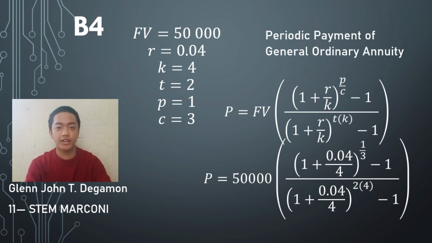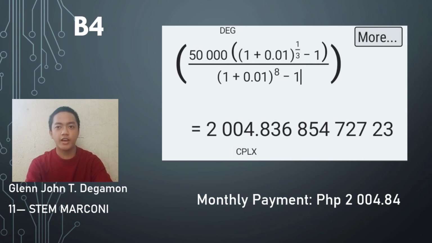Just input the values of our variables into the formula. Using our scientific calculator, just input the values into the formula in order to obtain the best answer. So using our scientific calculator, the answer will be 2,004.84 pesos.